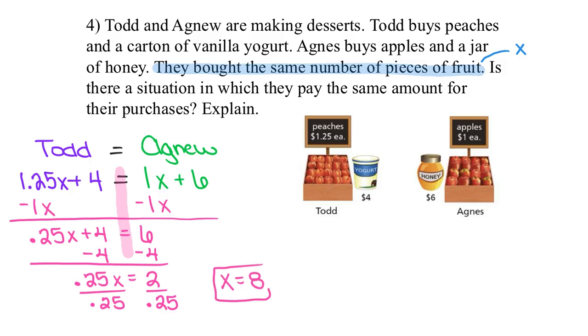What does that x equals 8 tell us of this problem? How much fruit they would have to buy in order to pay the same amount. Very good. We good? Just checking everybody's pulse, making sure we're alive and this is making sense.